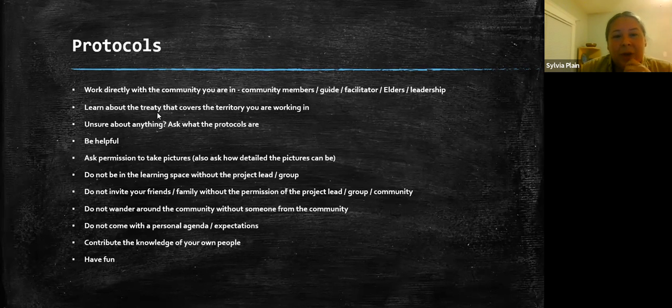I think it's important to learn about the treaties that you're on. If you're bringing students, I think it's important to tell them, we have this treaty relationship, these are the territories, and this is why we're able to live here. These are peace and friendship treaties. This comes up especially if you're harvesting. Let's say you have a student in your classroom and it happens to be their treaty territory.